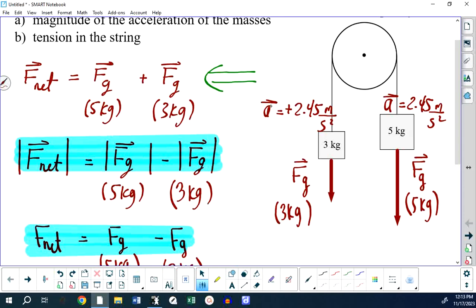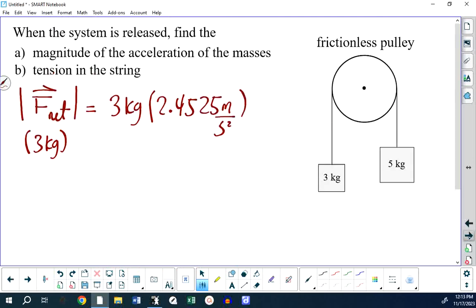So this acceleration of the 5 kilogram mass is negative. This becomes important because you need to appreciate that the net force on the 3 kilogram mass is up. The net force on the 3 kilogram mass has to be up because it's going to accelerate up. So let's see what we get.